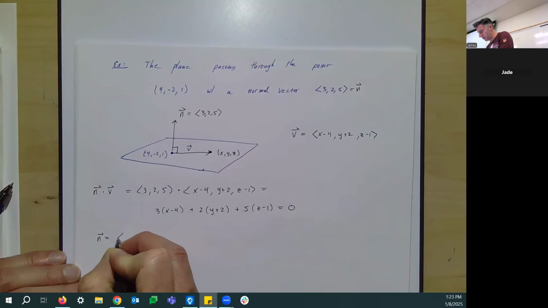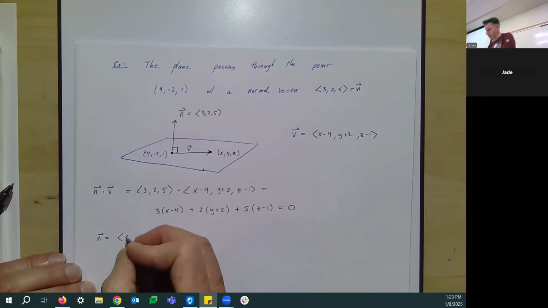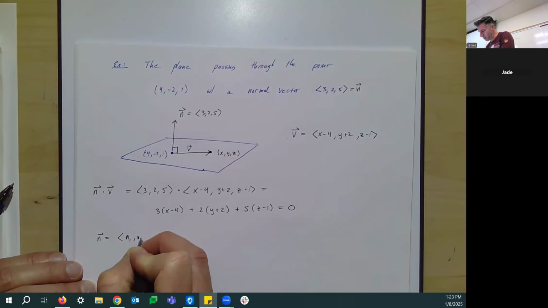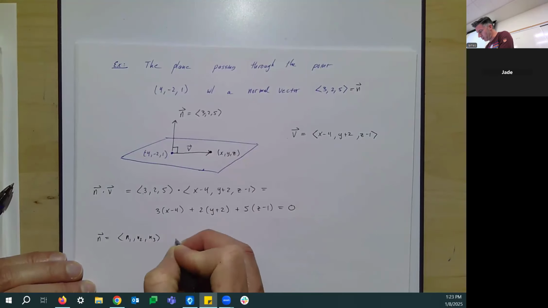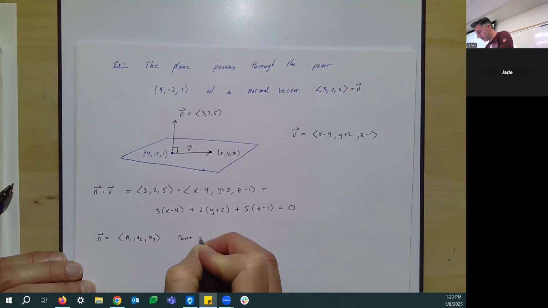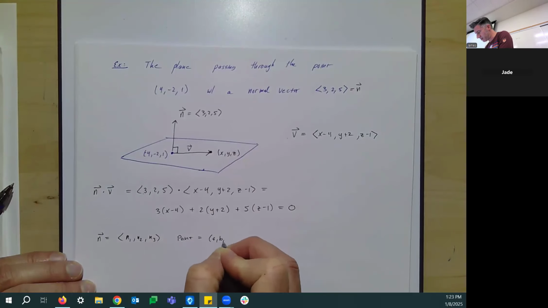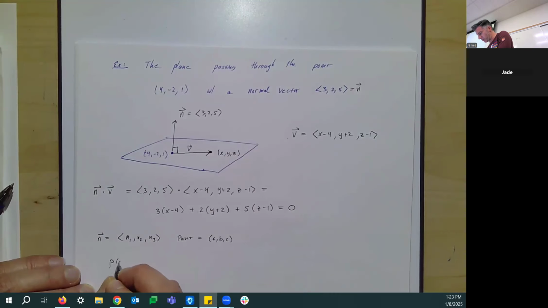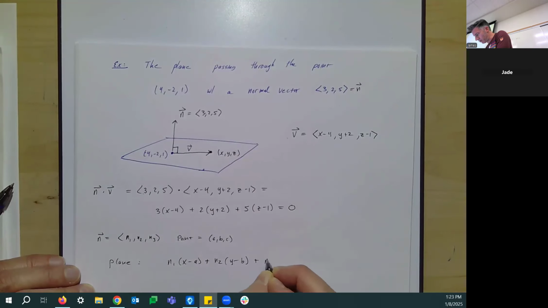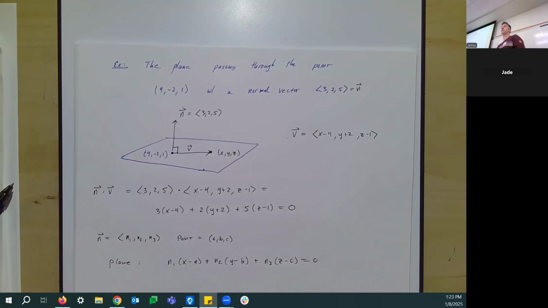If n is equal to (n1, n2, n3), and your point is (a, b, c), then your plane equation was given by n1 times (x minus a) plus n2 times (y minus b) plus n3 times (z minus c) equal to 0. Same idea, literally. But now, at least you kind of know where it's coming from.